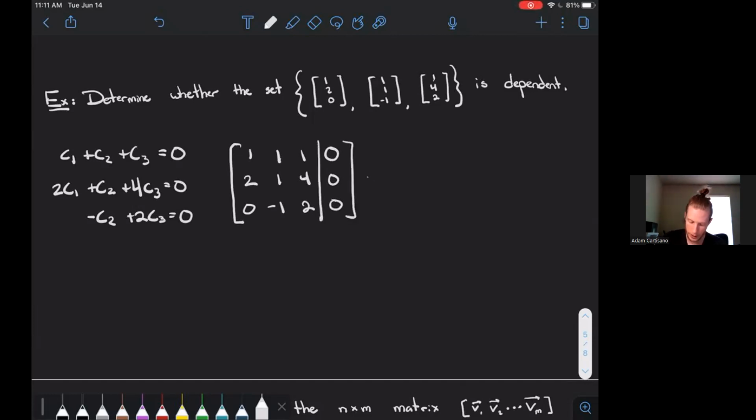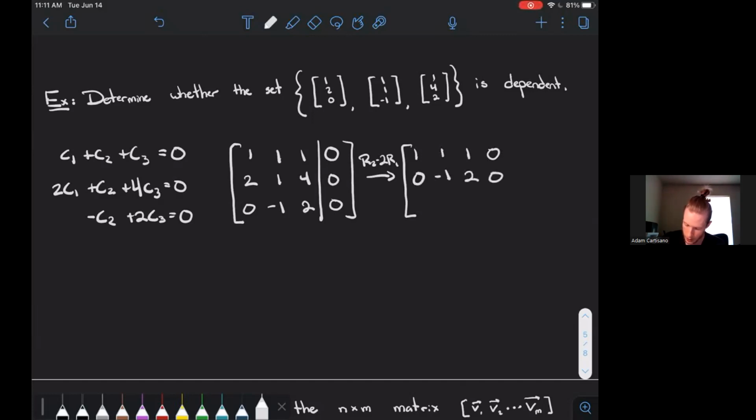We already have a leading one here. Pivot around it, and take row 2 minus 2 row 1. That will clear out that entire column. We'll still have 1 1 1 0 on top. But then when we take 2 copies of row 1 away from row 2, we have a 0, then a minus 1, a 2, and a 0.